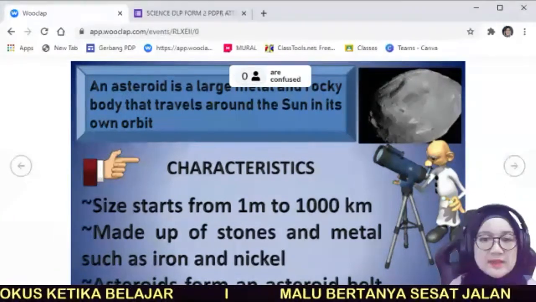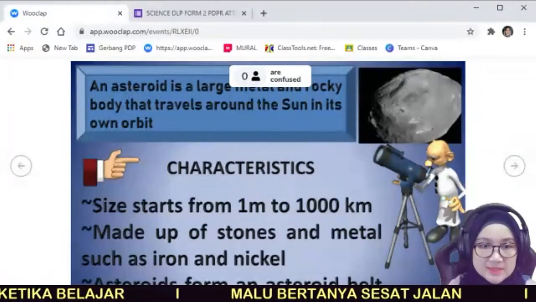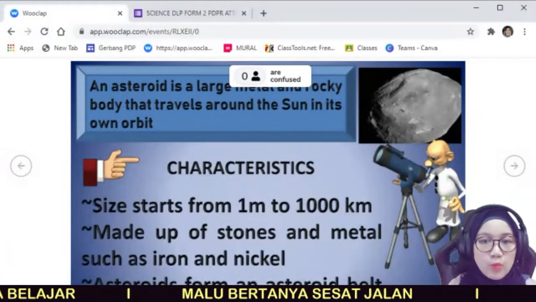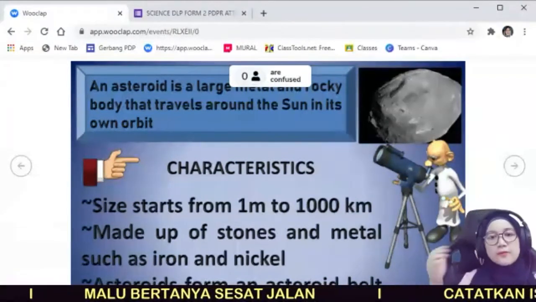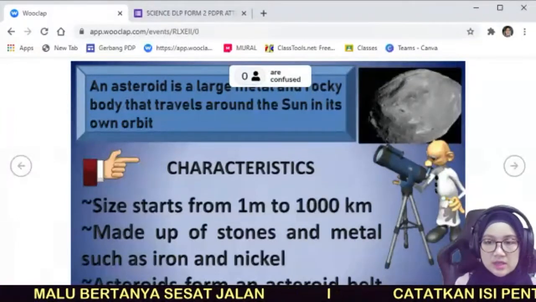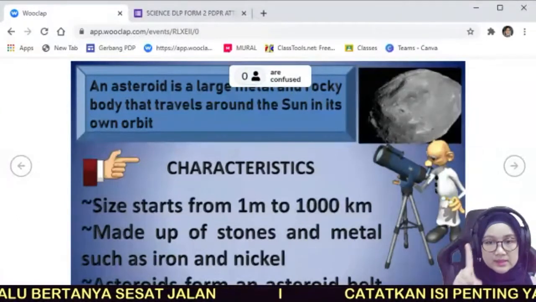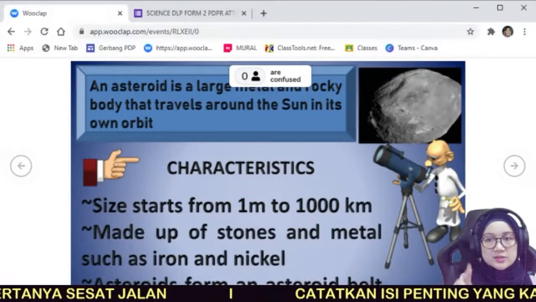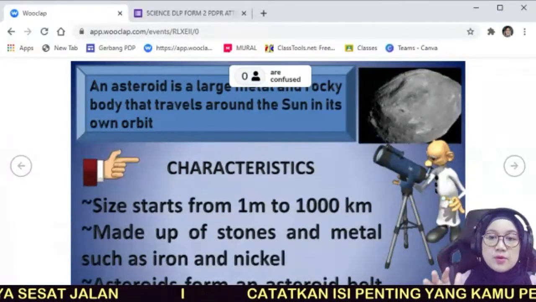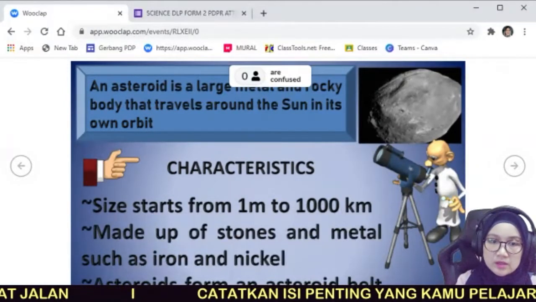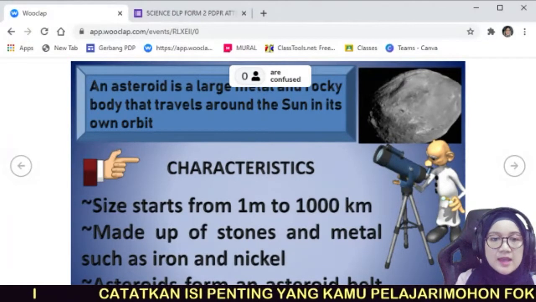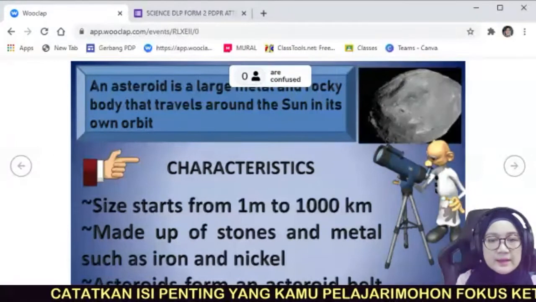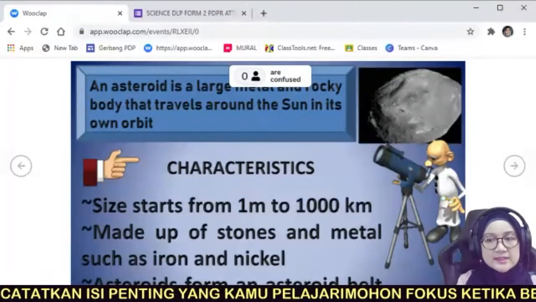So what are the characteristics of an asteroid? Size starts from 1 meter to 1,000 kilometers. If we compare to the meteorite just now, a meteorite is only 1 meter. So it shows that an asteroid is larger compared to a meteorite. It is made up of stones and metals such as iron and nickel.